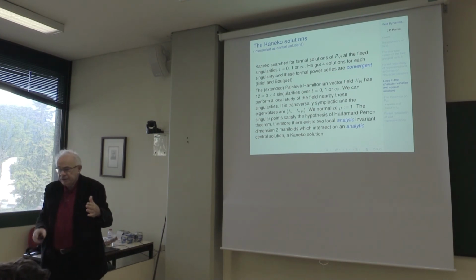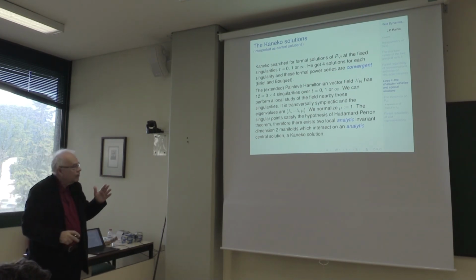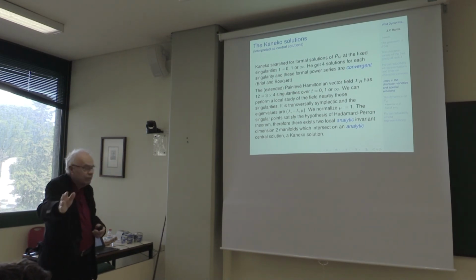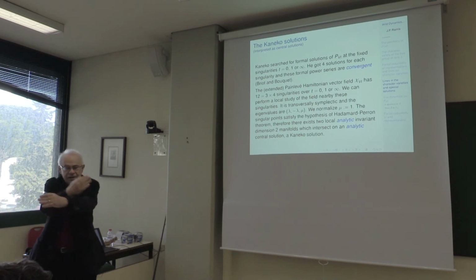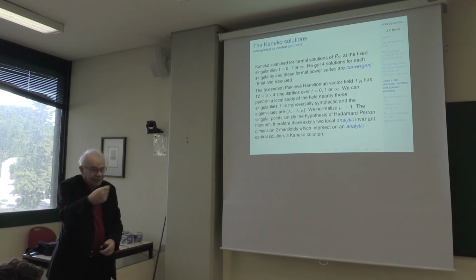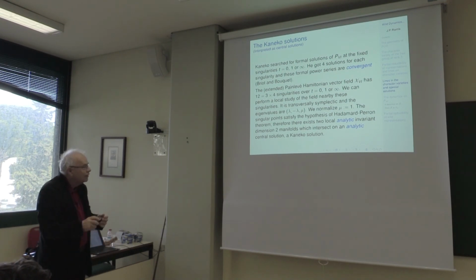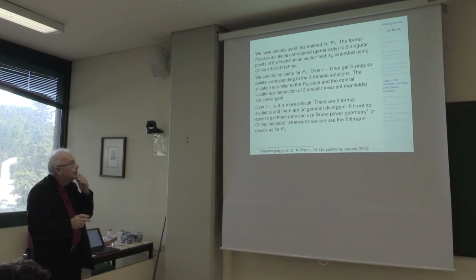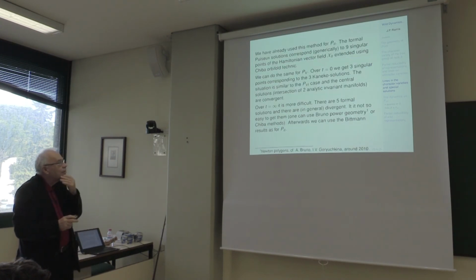You are in the case of the Hadamard-Perron theorem, and what happens is that you have 2 analytic invariant manifolds of dimension 2, and they cut in a line, and this line is a Kaneko solution. It's not completely evident, I will explain. Exactly, the picture is similar to P2 in some sense.